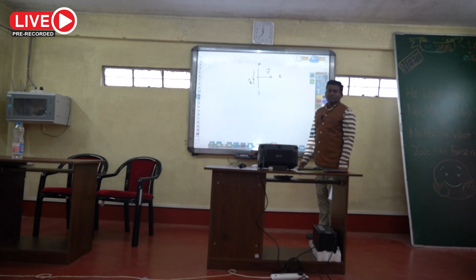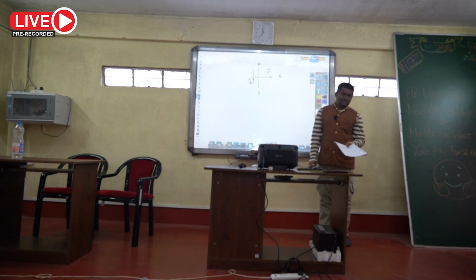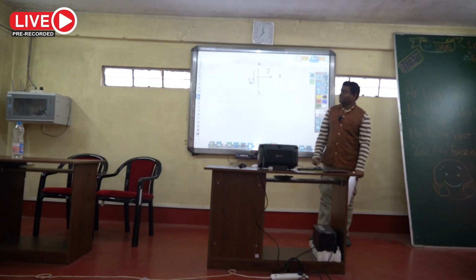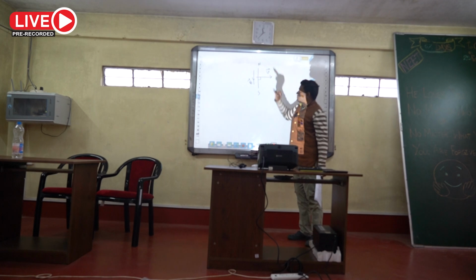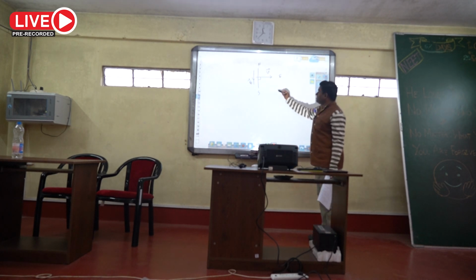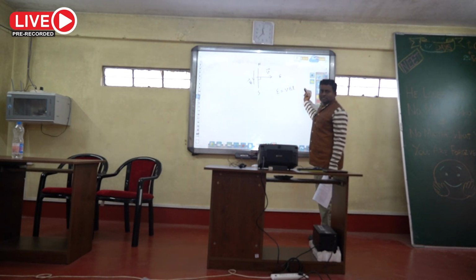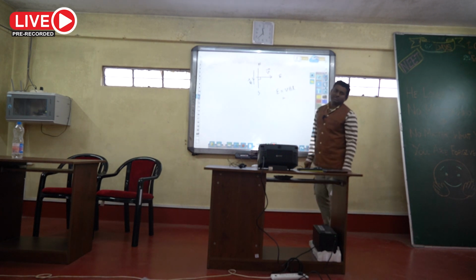So the dip angle is not required in the problem, because the angle required is 90 degree between V and B, and motional EMF is E equal to VBL sin 90. Sin 90 is 1, so just multiply.